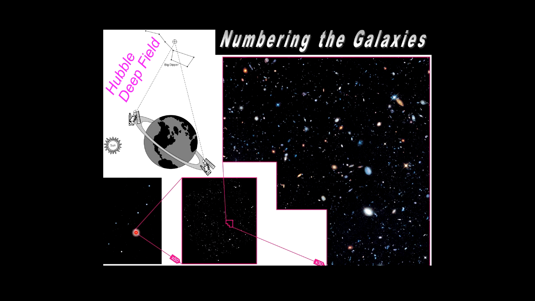So if you looked at this spot through a regular small telescope, you'd likely see nothing. But if we magnify this 50 times, we have all these stars in this region. So that's 50x magnification.